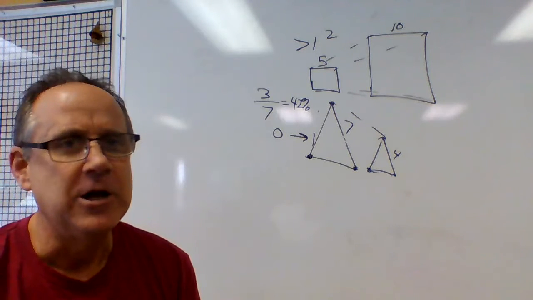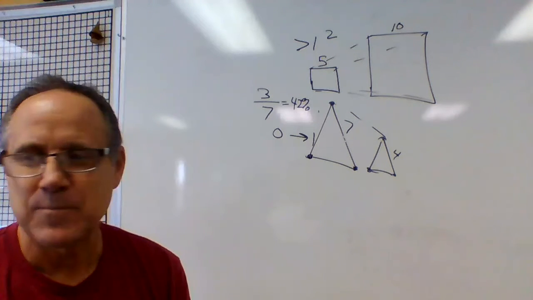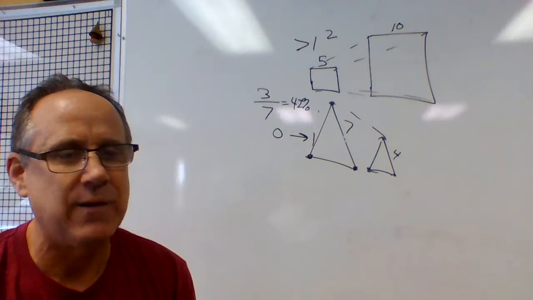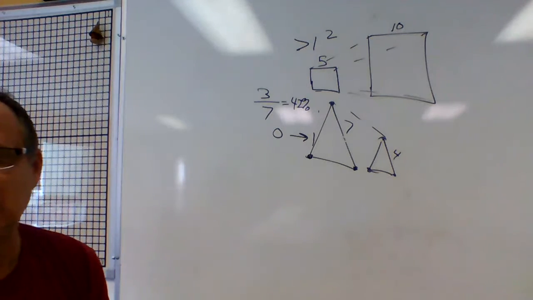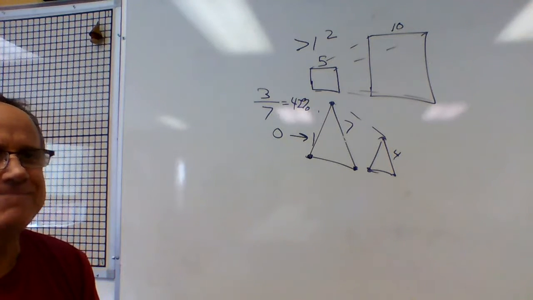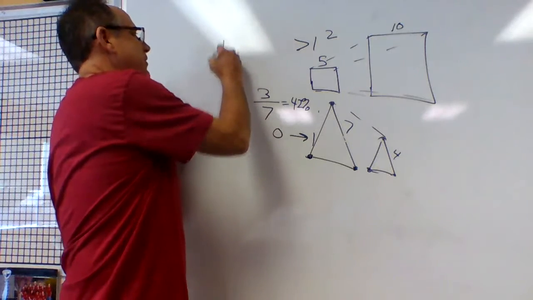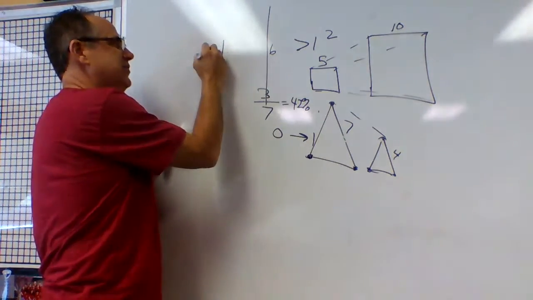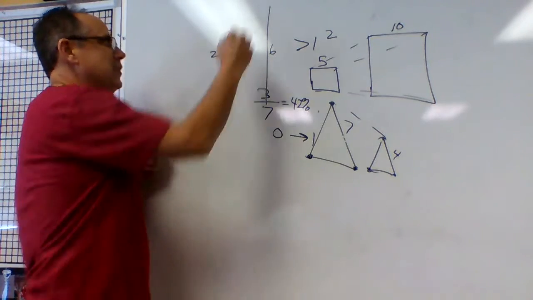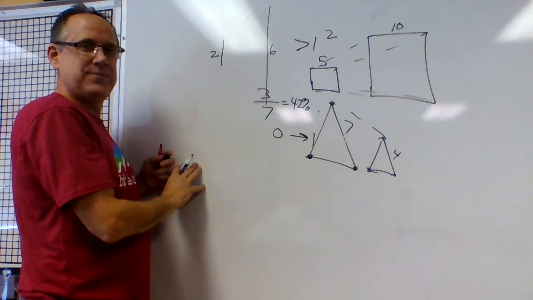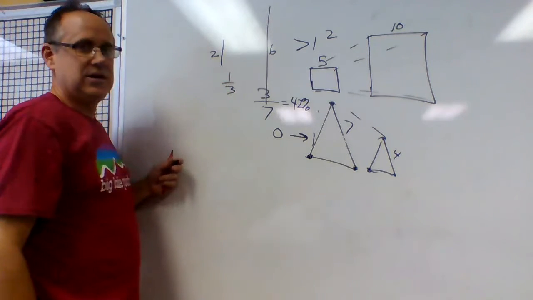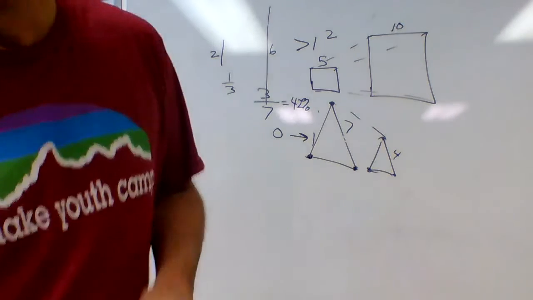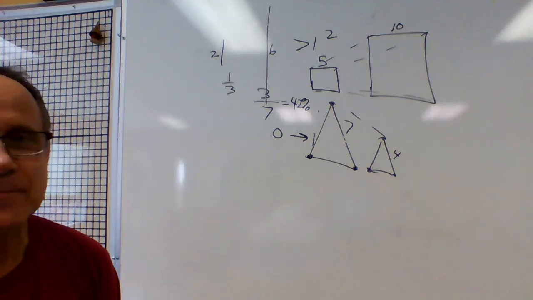So look at each side. For instance, if we start here and this is 6, and this is 2, we reduce it down, and that's 1/3 in terms of that reduction.